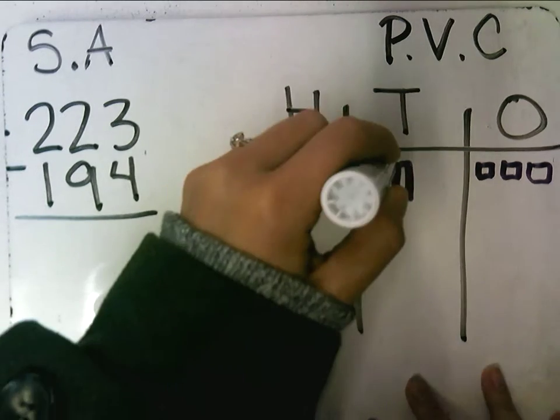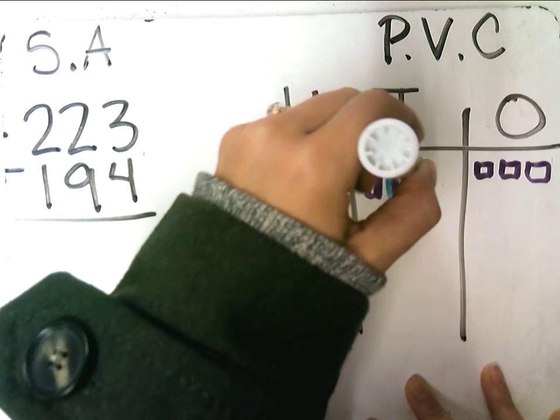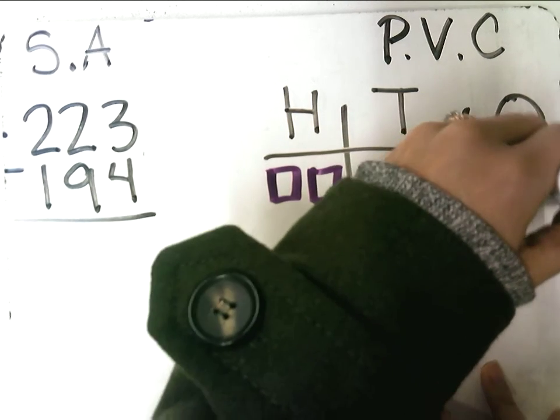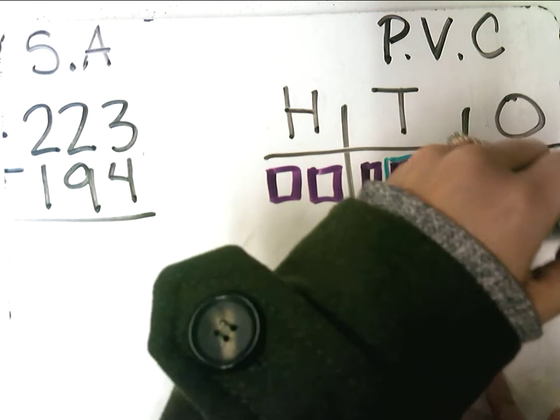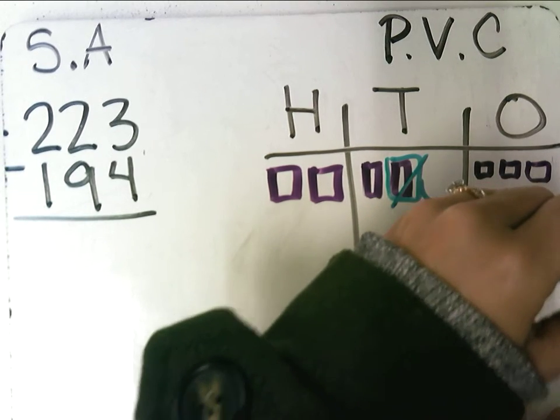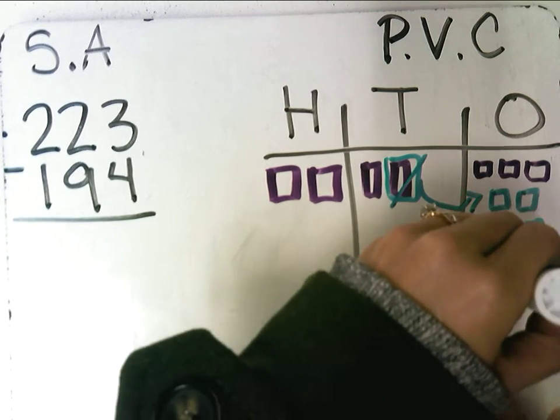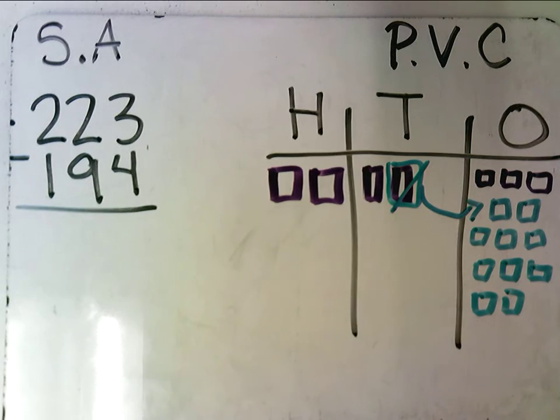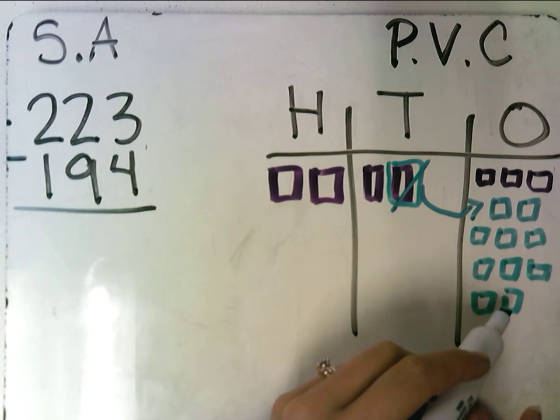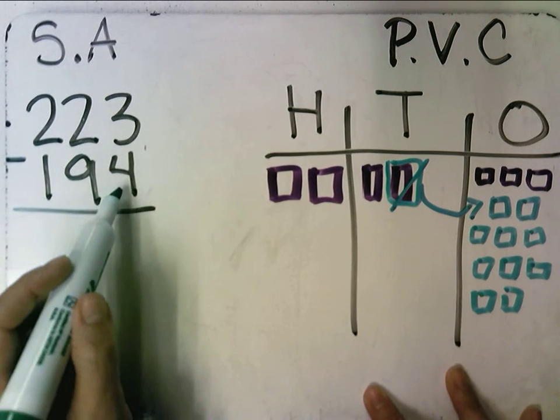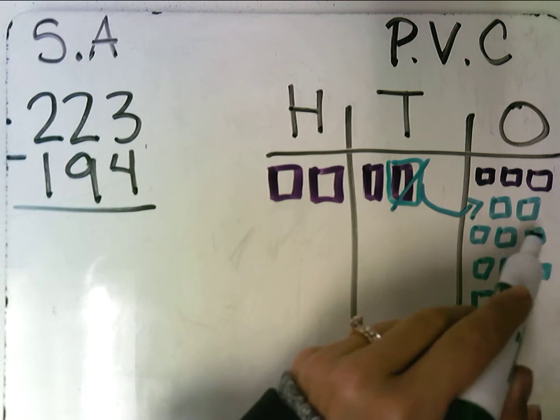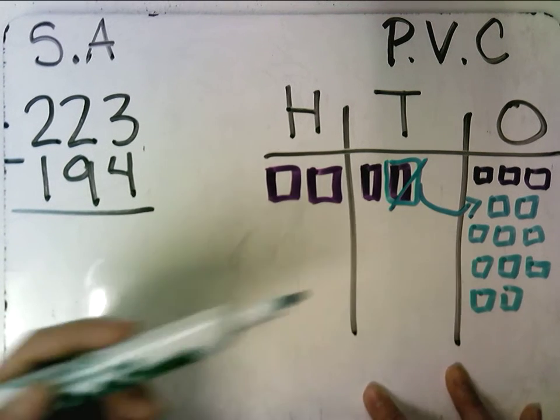So that looks like this. Coming over here, borrowing this 10, we're going to unbundle 1 ten into 1, 2, 3, 4, 5, 6, 7, 8, 9, 10 ones. There's our 10 ones. And now we can take away 4 ones from 13 ones.